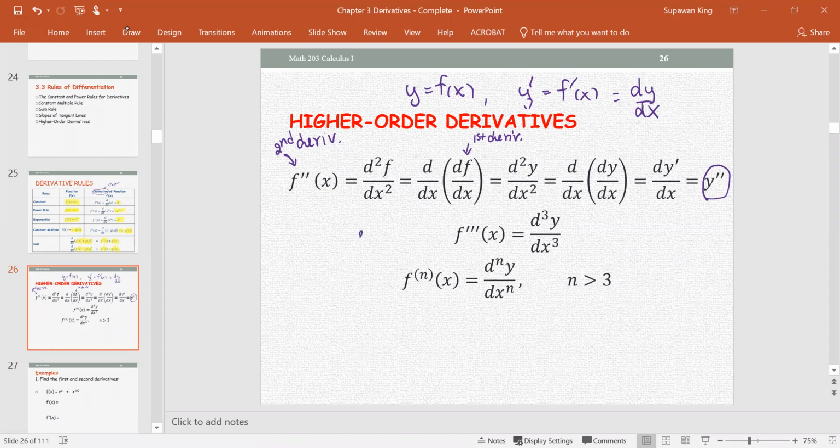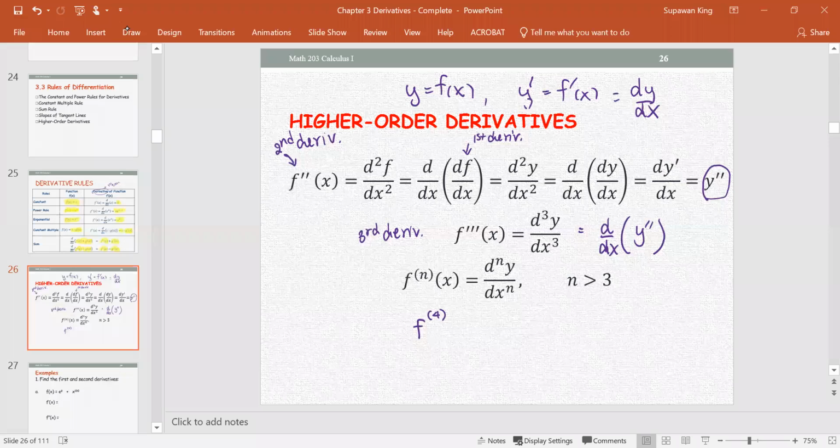For the third derivative, it can be found by finding the derivative of the second derivative. After the third derivative, from the fourth derivative, we use the superscript with parentheses around the order.